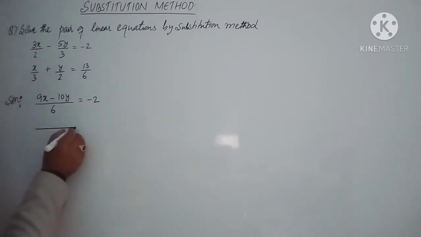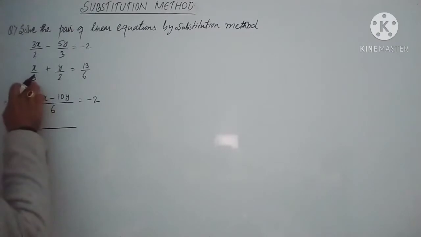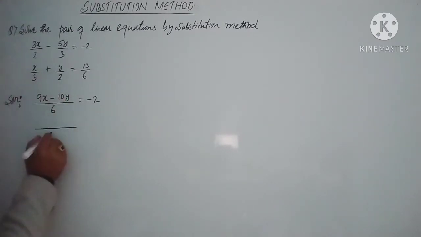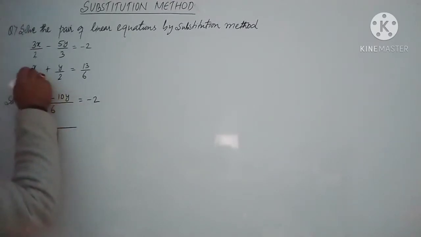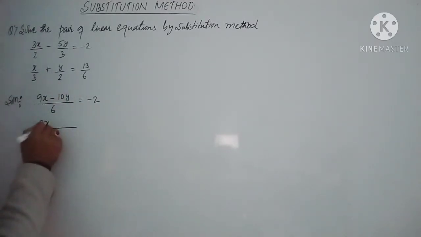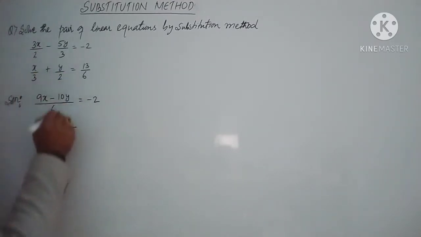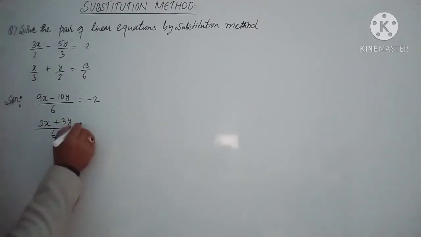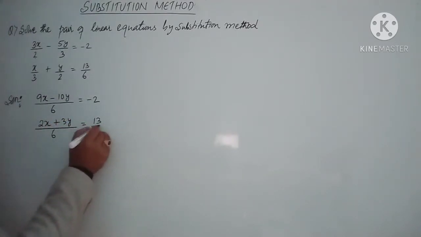Now for the next equation, again we have to take the LCM. 3 into 2 is 6. 2 into x is 2x, plus 3 into y is 3y, equals 13 by 6.